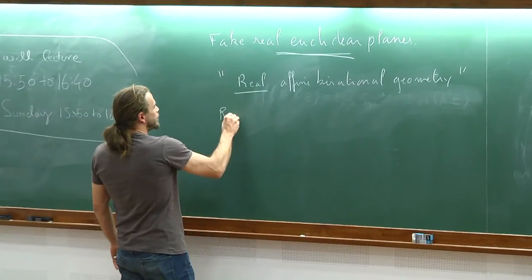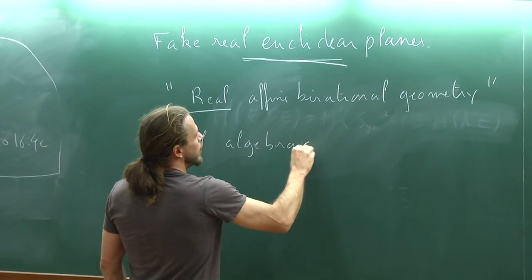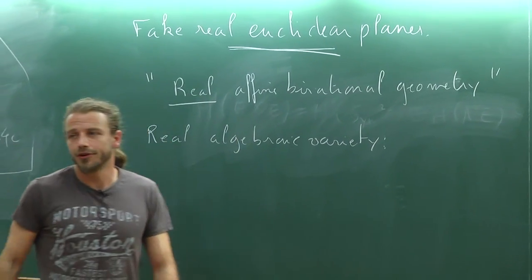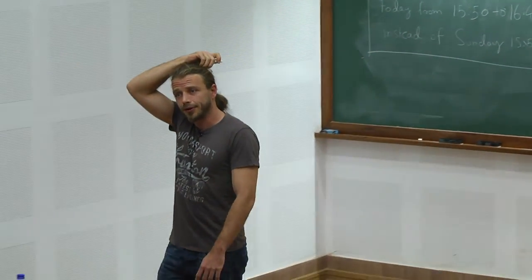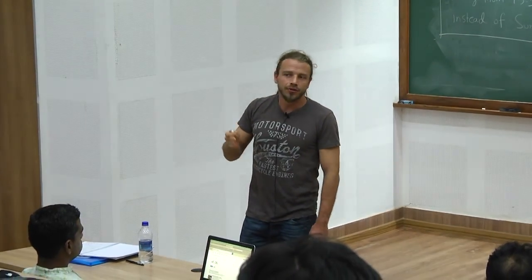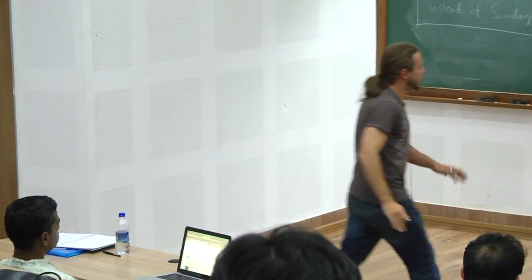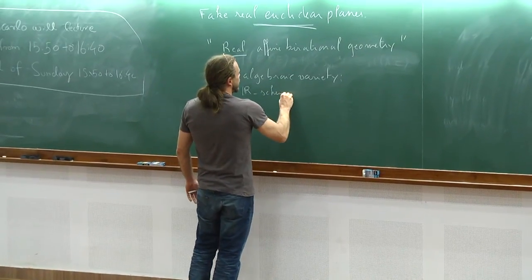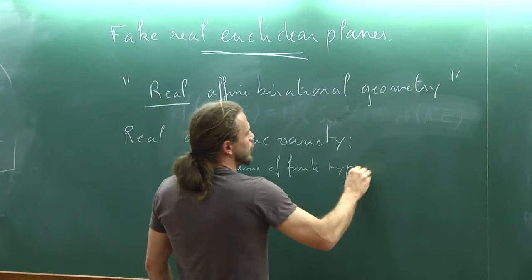So a real algebraic variety, there are many ways to define this correctly. If you're not afraid of working over a non-closed field, you can just say it is a scheme of finite type defined over the real numbers, right? It's an R-scheme of finite type over the reals.